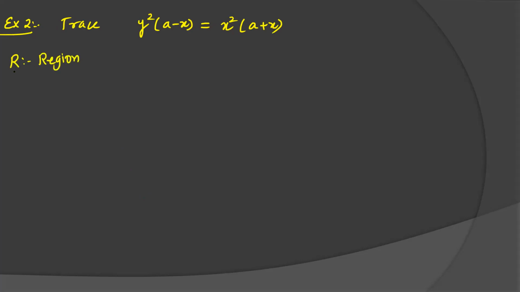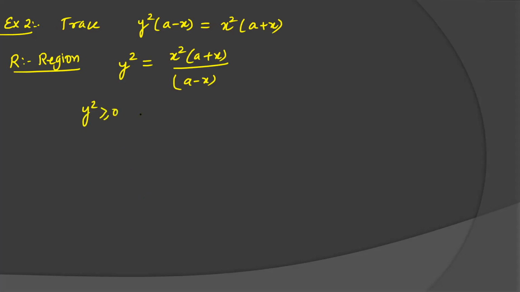Second example I am taking. Trace y square into a minus x equal to x square into a plus x. First I am going to see the region. y square equals x square into a plus x over a minus x.